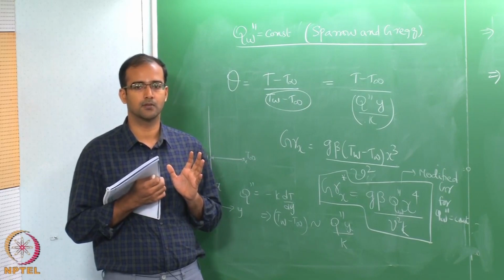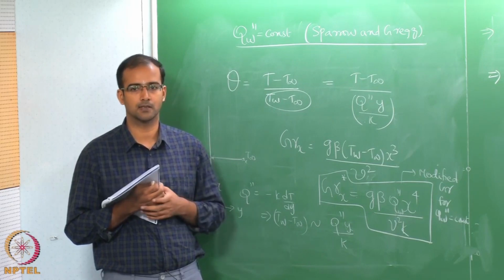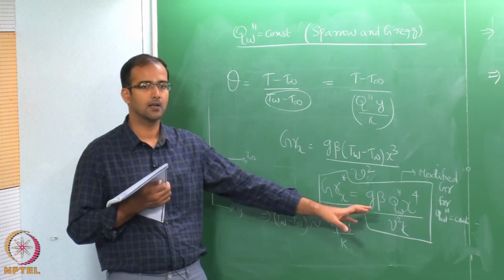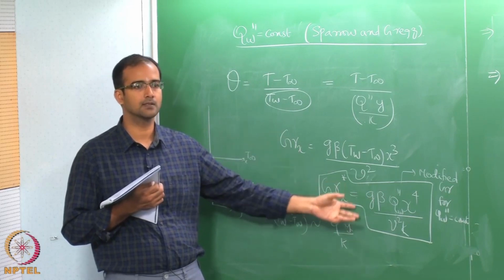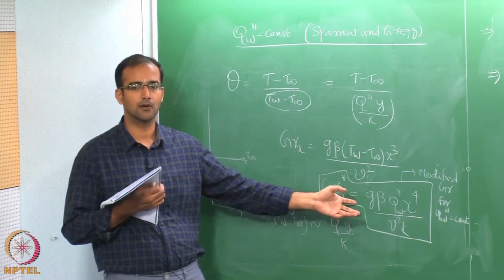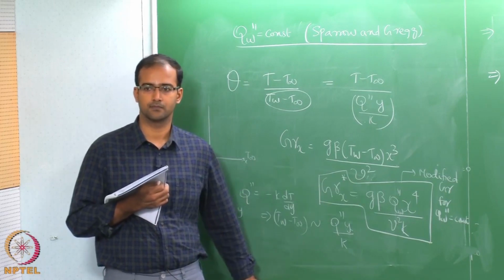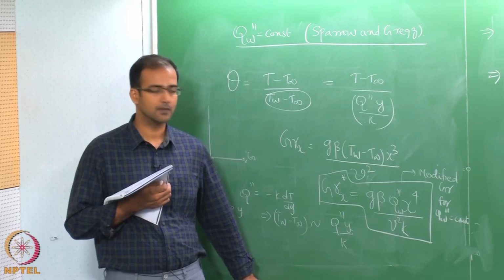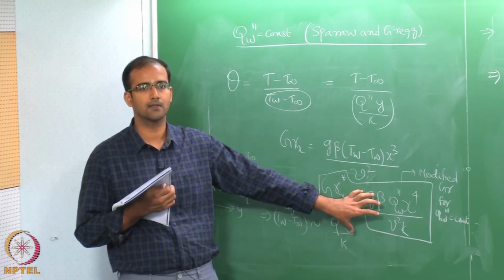That is all you have to be worried about. We should not think about complicating it further, and all you need to do is once you know your heat flux, put it into this, and therefore, now you have a local Grashof number varying as a function of x.